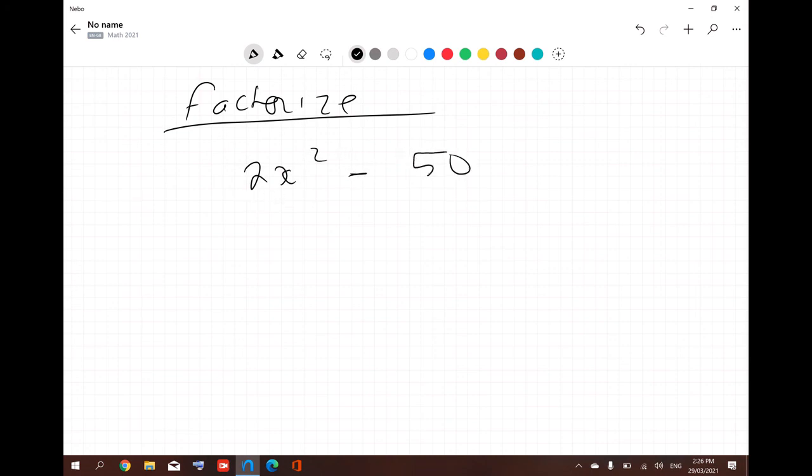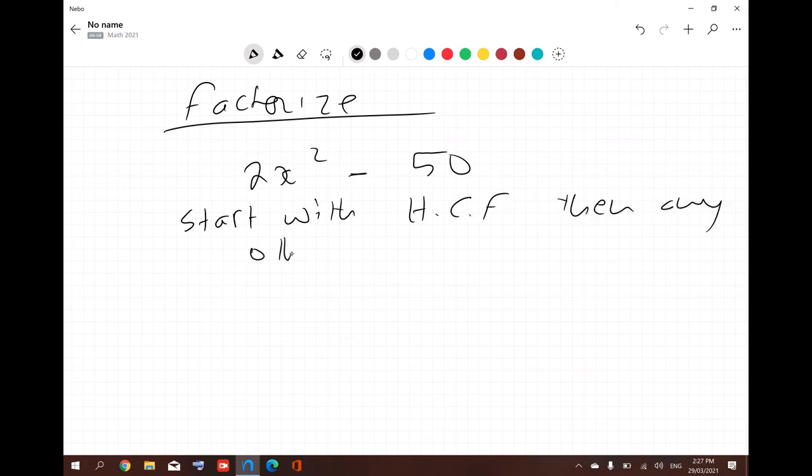I can say that this is a difference of two squares, but there is a highest common factor of 2. Which one to start with? Always and forever start with taking the highest common factor, then any other factorization method.